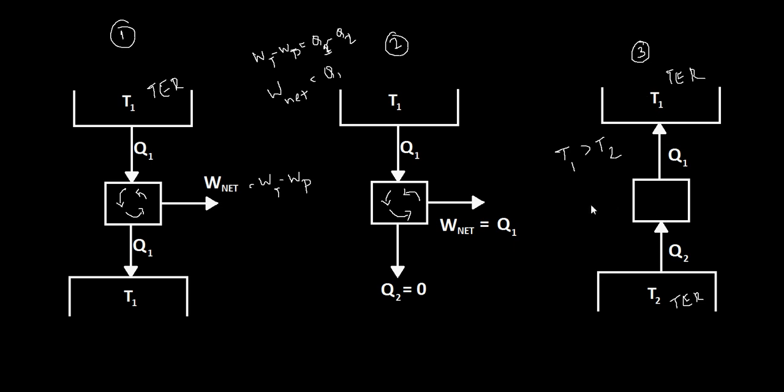But as you can see here, there is no effect other than the flow of heat from a low temperature reservoir to a high temperature reservoir. There is no work input, nor any work output. Again, this also is impossible.